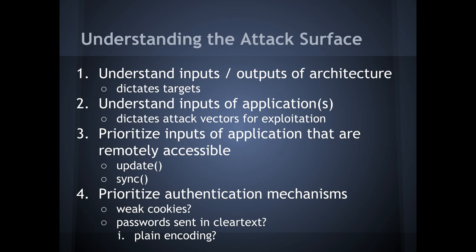And you should really prioritize the inputs of an application that have remote accessibility, because vulnerabilities in those and the resultant code paths or derivative code paths from those inputs usually have a much higher impact vulnerability-wise than other vulnerabilities. And things like authentication mechanisms are another good target to prioritize. Perhaps the credentials are communicated between the client and the server in clear text or in a stupid encoding.